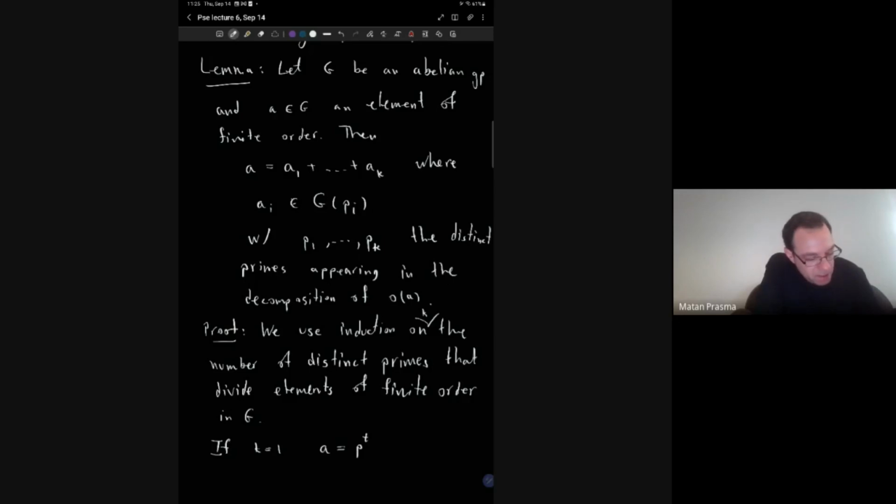But then, of course, by definition, a is in the p primary subgroup G_p. So that's okay. Then it is a sum of the form here.